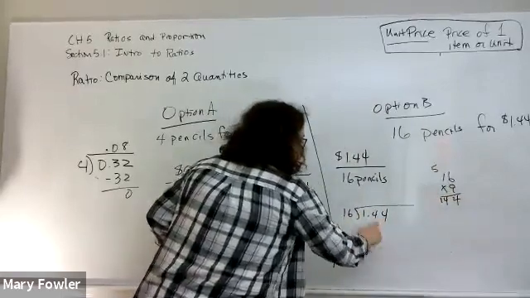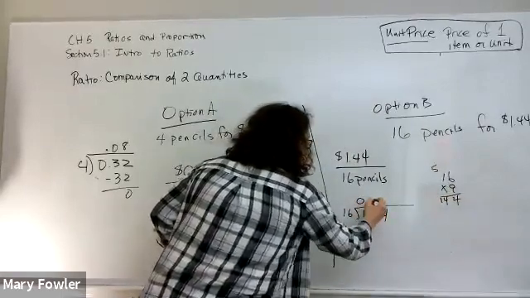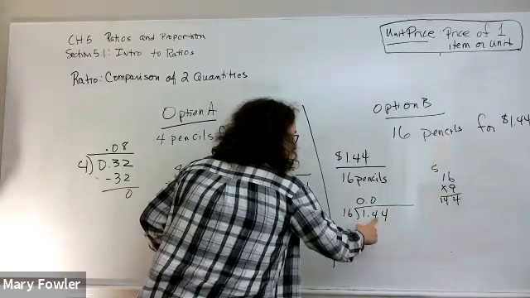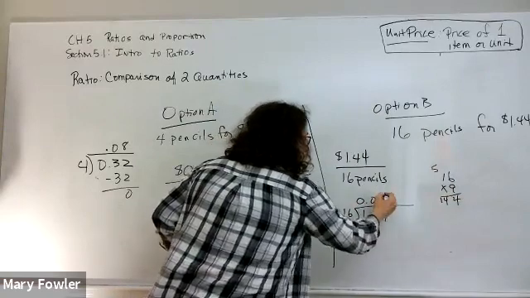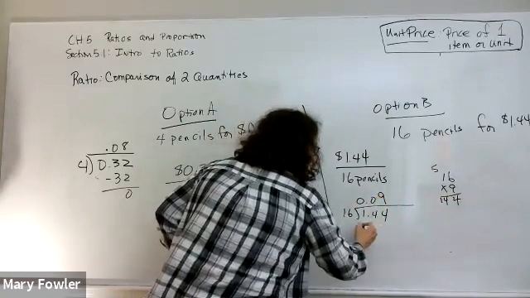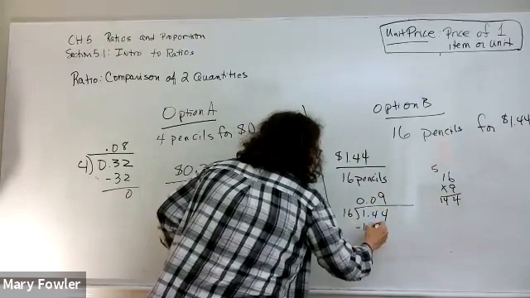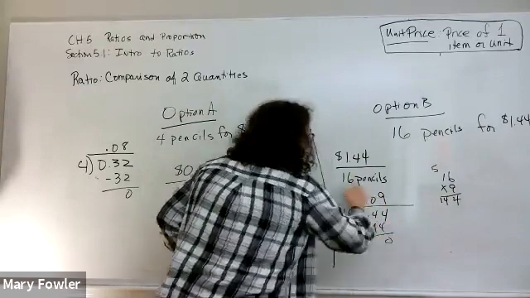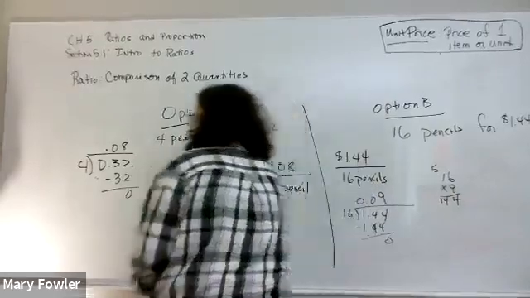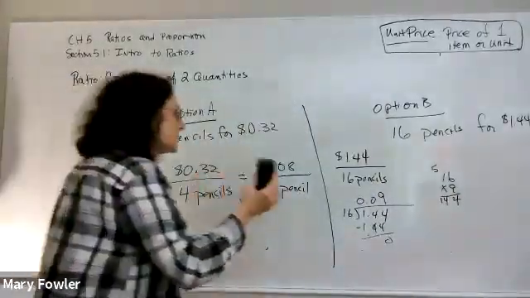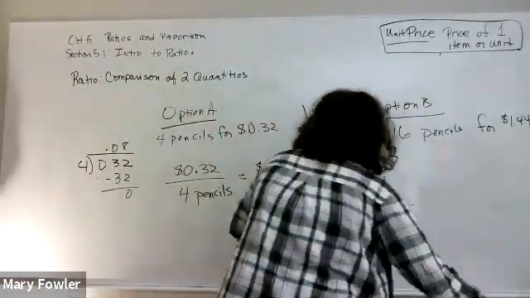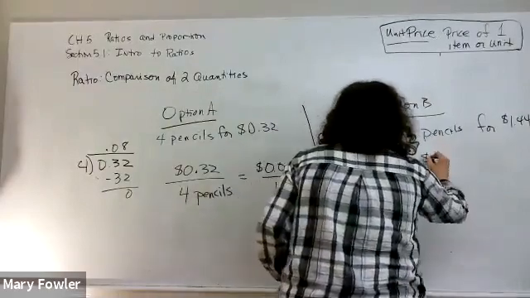So 16 does not go into 1, does not go into 14, but goes into 144 9 times. And we subtract the 144, get 0. So we're all set with the division. And so then the unit price is 9 cents per pencil.